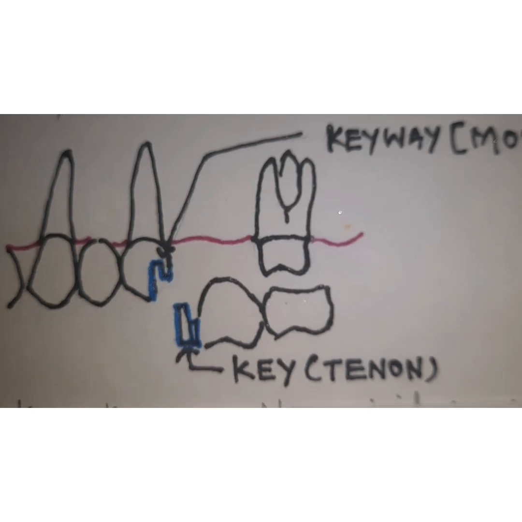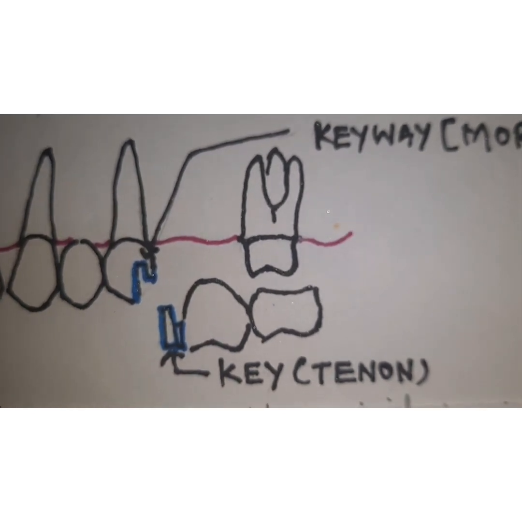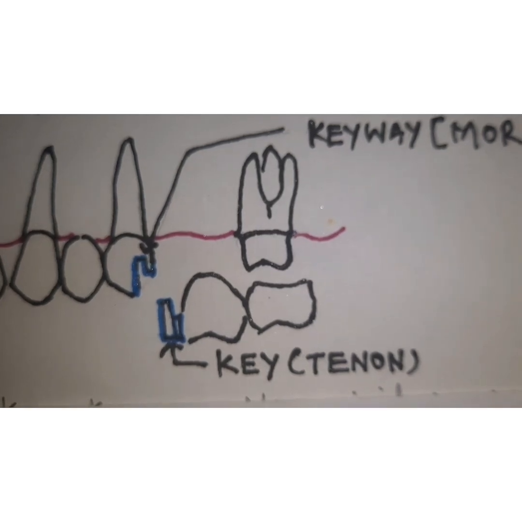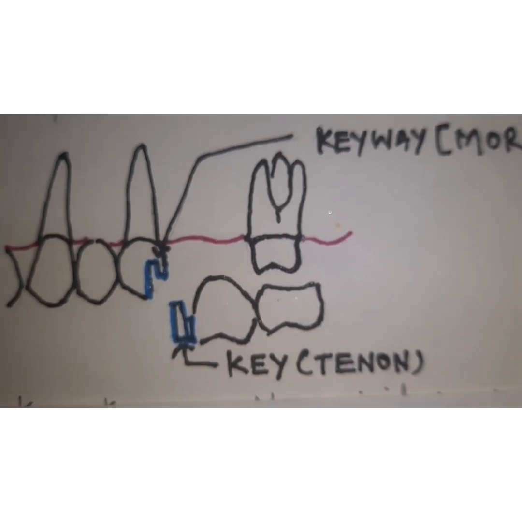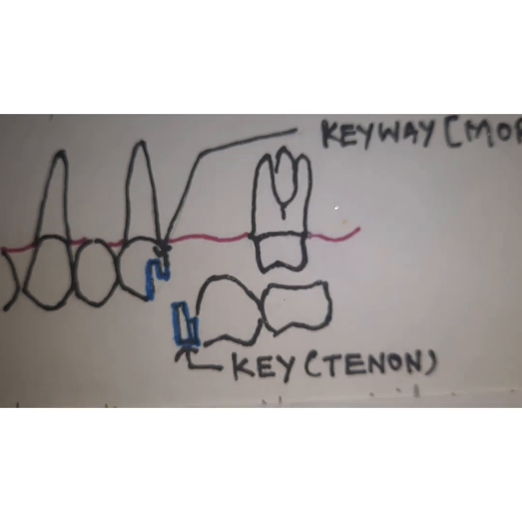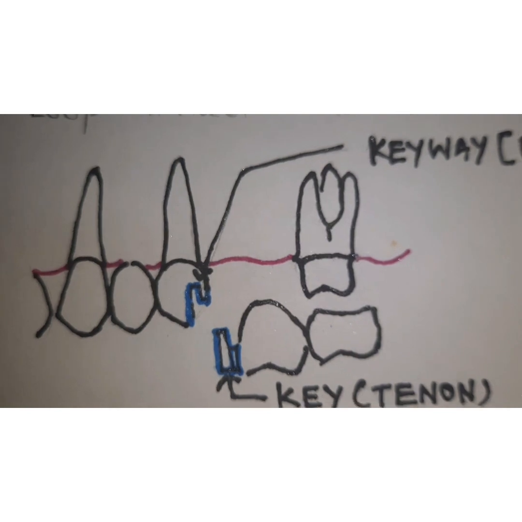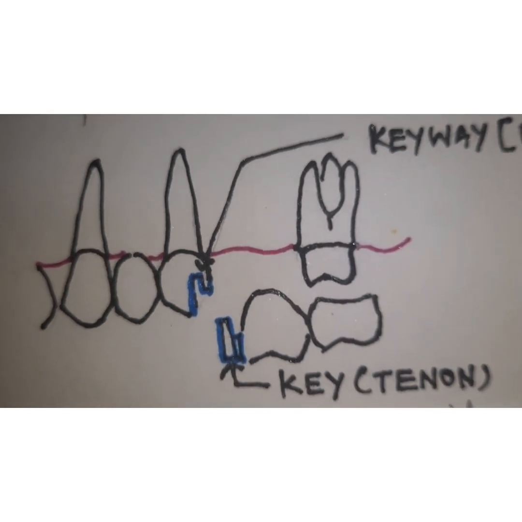This parallelism is achieved on a dental surveyor, and the mortise or the female component can be custom made using freehand wax when we are making the wax pattern for the anterior component.